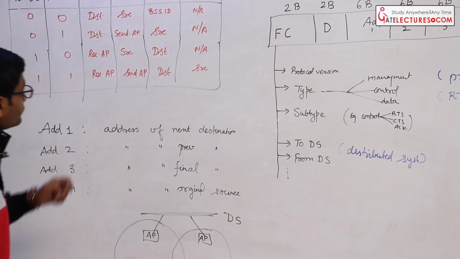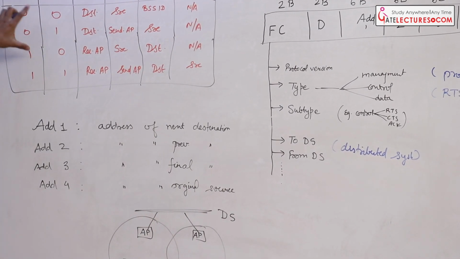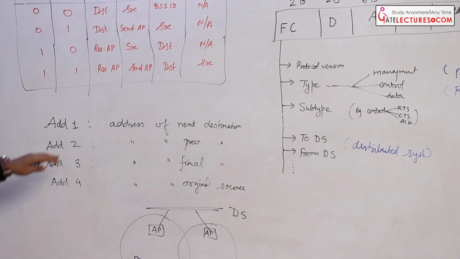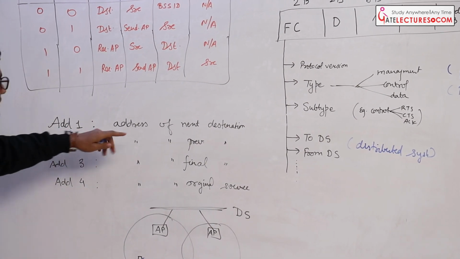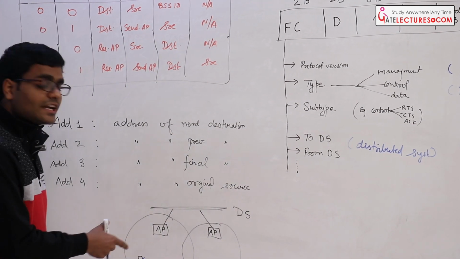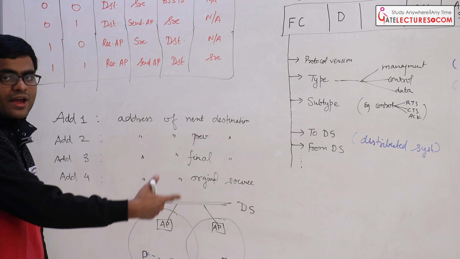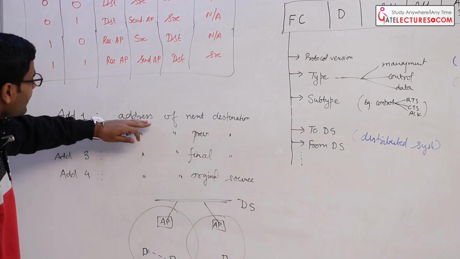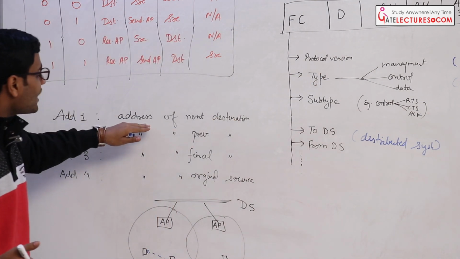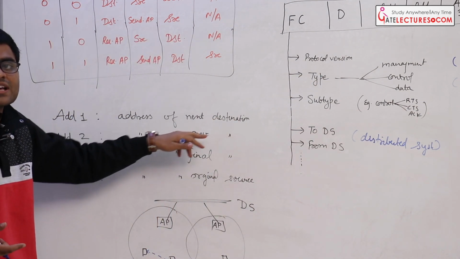Fine. So based on that, we have these four statuses. These are the four addresses. In address 1, we place the address of the next destination. In the data link layer, the packet goes hop by hop, so in the address 1 field, we specify the address of the next destination or the next hop.